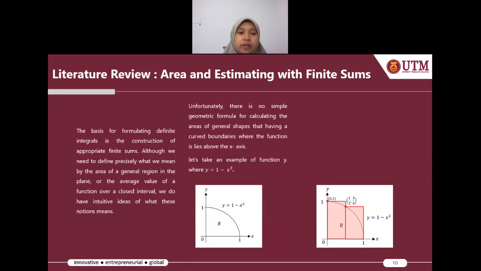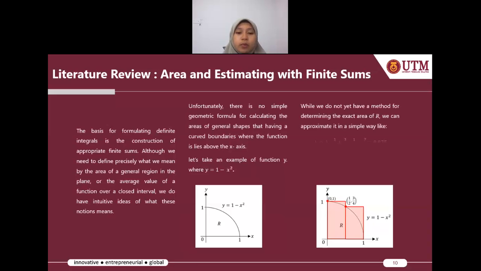The basis of formulating the definite integral is the construction of appropriate finite sums. But there is no simple geometric formula for calculating the areas of general shapes that have curved boundaries. So we will use rectangles to approximate the area under the graph. This method is called finite sum.